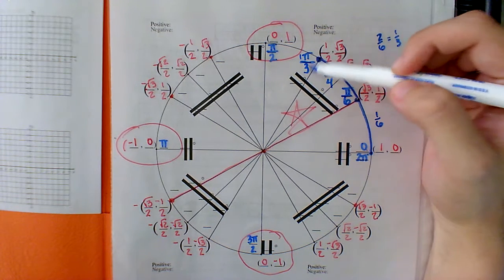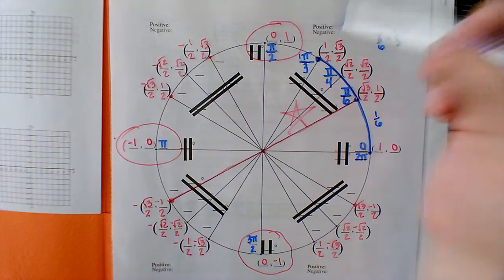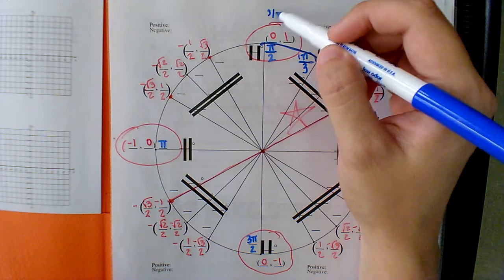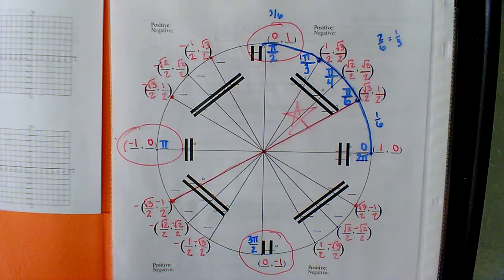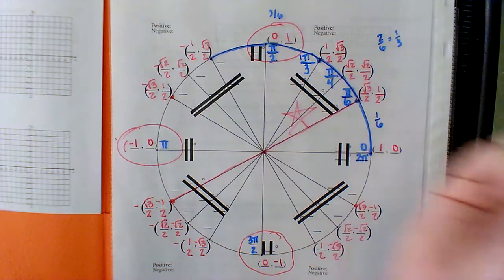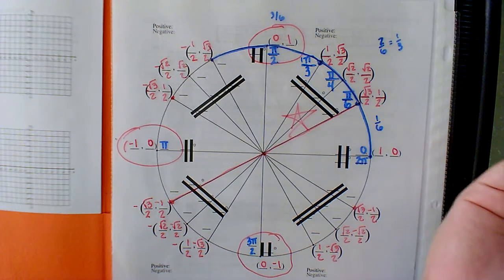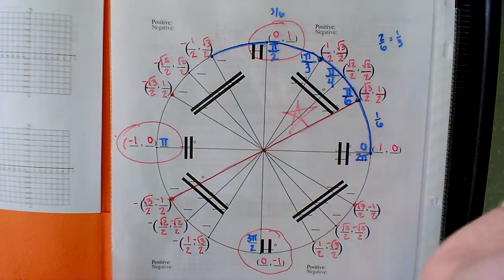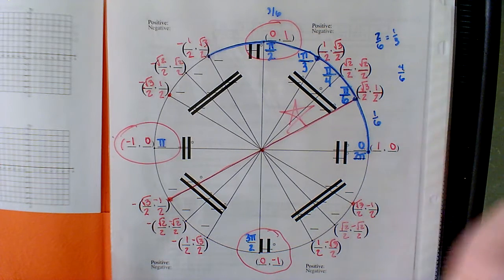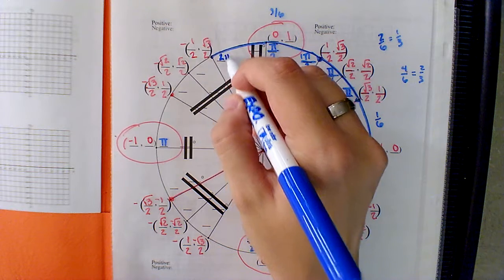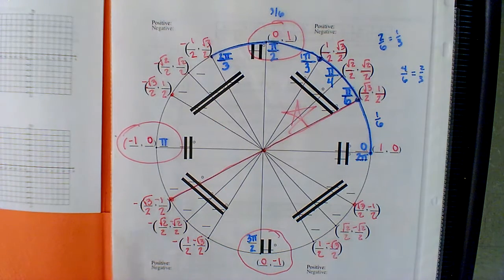And notice how we have a 1 pi over 3. So we already know that's good. If we go another 1/6, that would land us at 3/6, because we went 3 sections. But 3 over 6 simplifies to 1/2. If we were to go another 1/6, that would be 4 over 6, but that simplifies to what? Two-thirds, right? So this point would be 2 pi over 3.